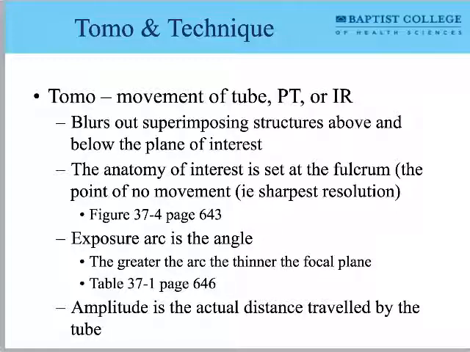So what I can do is rather than just take a straight-on image, I'm going to have the x-ray tube arc, right? It's going to move over the patient while it's taking this picture. The degree of that arc will set basically the pivot point where nothing's moving, because that's how a fulcrum works, right?